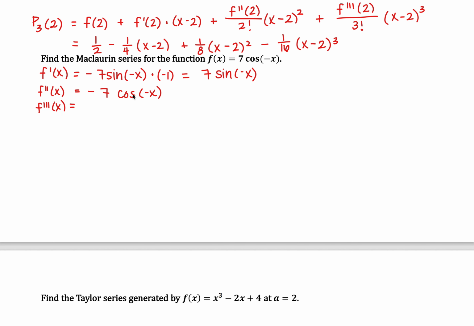When I take the derivative of cosine, it's negative sine. So that would make this a positive, but then I have the negative here. So I end up with negative 7 sine negative x. And the fourth derivative is going to take us back to where we started from. So this is going to be a repeating thing.